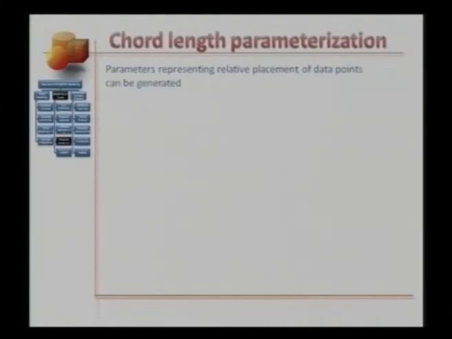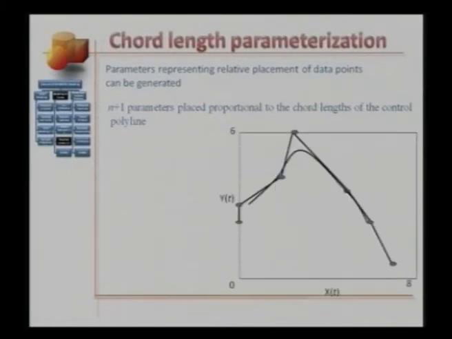Here, parameters representing the relative placement of data points can be generated. The n plus 1 parameters that we are looking for can be placed proportional to the chord lengths of the control polygon. Let's work with the example that we have been working with so far.